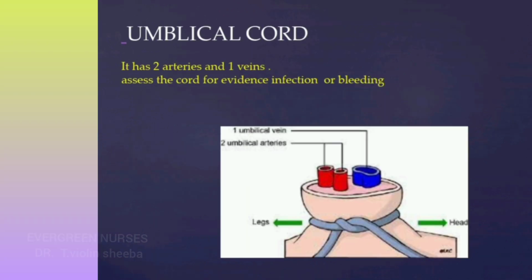Then we have to assess the umbilical cord. Assess the umbilical cord for any evidence of infection and bleeding. In the umbilical cord there should be 2 arteries and 1 vein. If there is any deviation in this, that indicates the baby suffers from some kind of problem. Then we have to assess the back.